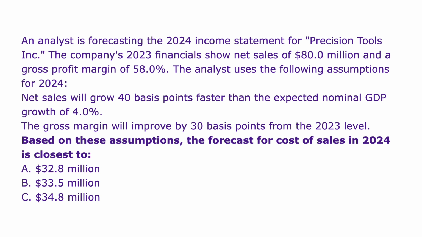Net sales will grow 40 basis points faster than the expected nominal GDP growth of 4.0%. The gross margin will improve by 30 basis points from the 2023 level. Based on these assumptions, the forecast for cost of sales in 2024 is closest to A, $32.8 million, B, $33.5 million, C, $34.8 million.